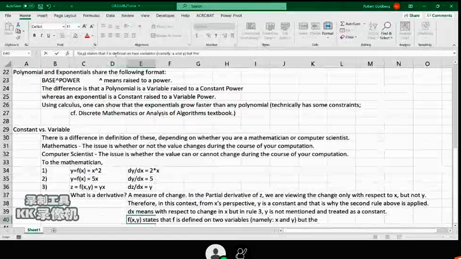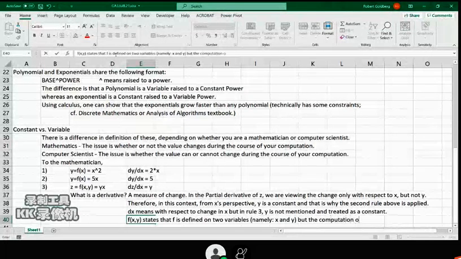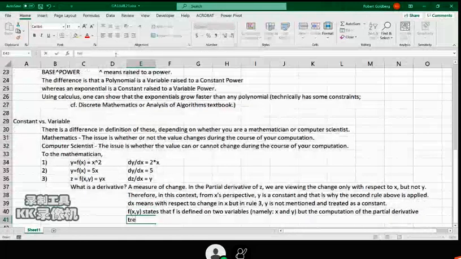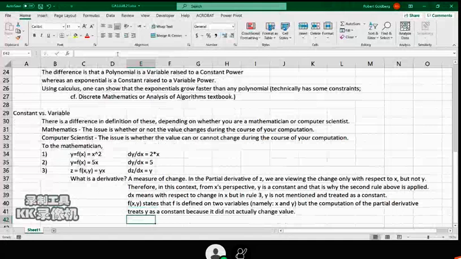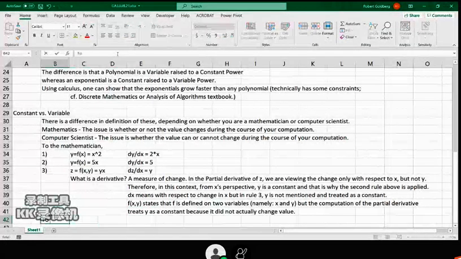But the computation of the partial derivative treats y as a constant because it did not change. It could have changed, but in this case it did not. The x you're assuming did change. The y you're assuming did not change. Okay, so that is to a mathematician.